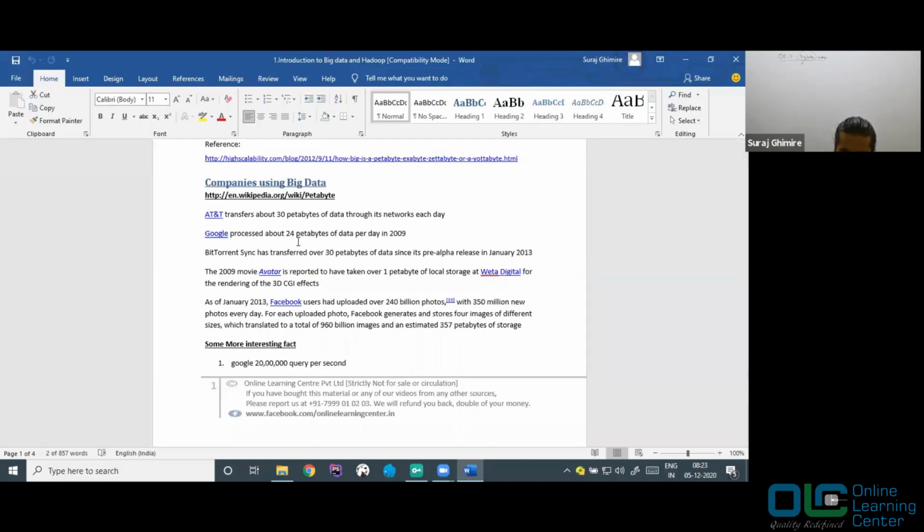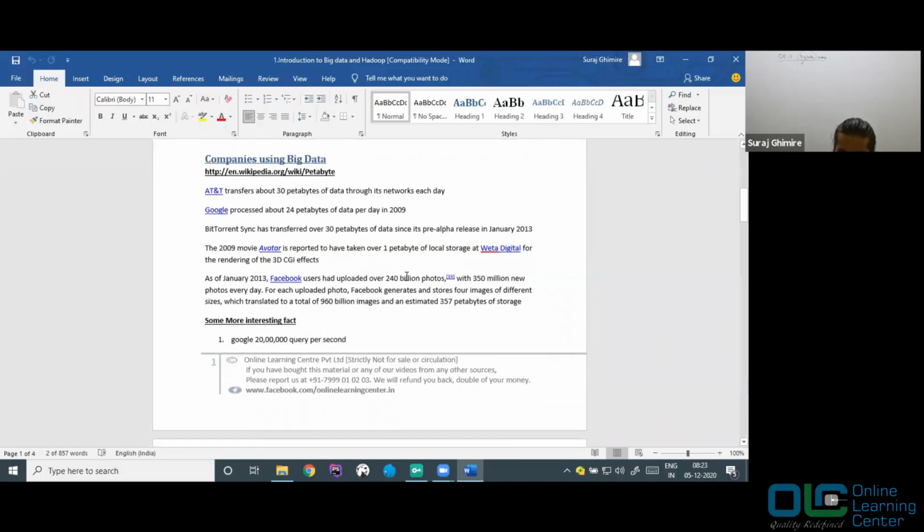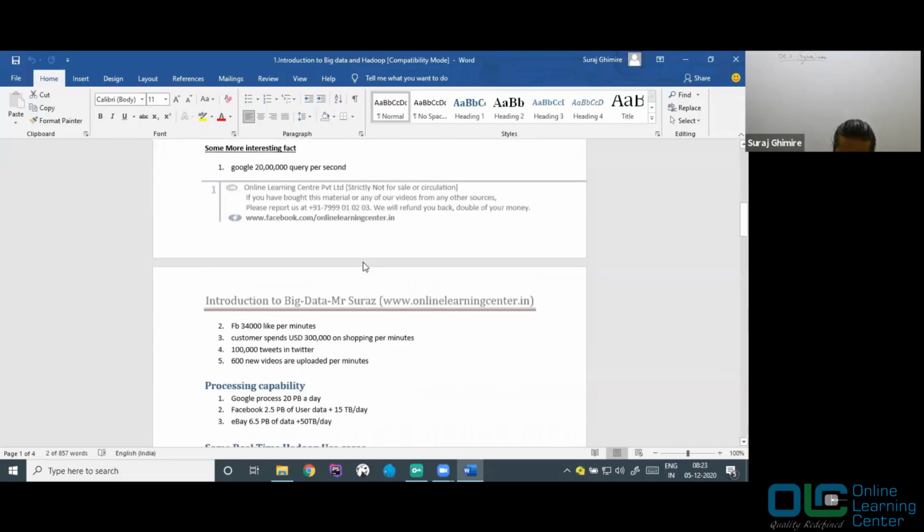Similarly, in 2019 we had the Avatar movie, and it is reported that this movie consumed almost 1 petabyte of storage, because it was very high definition video with all the graphics together.